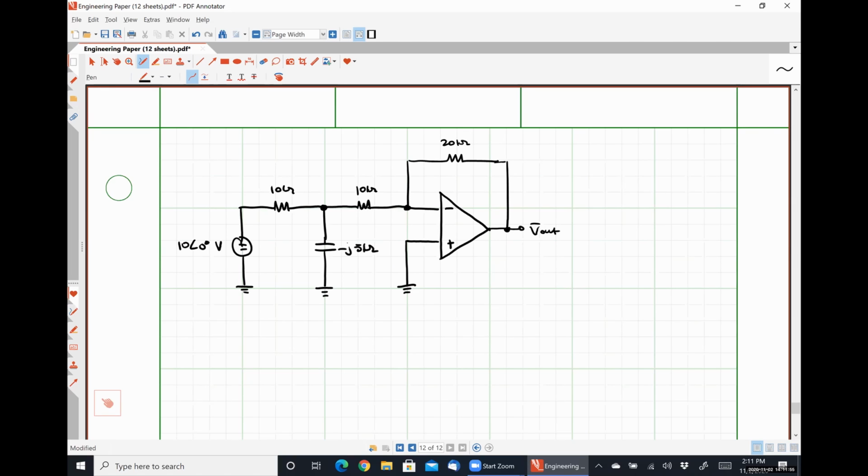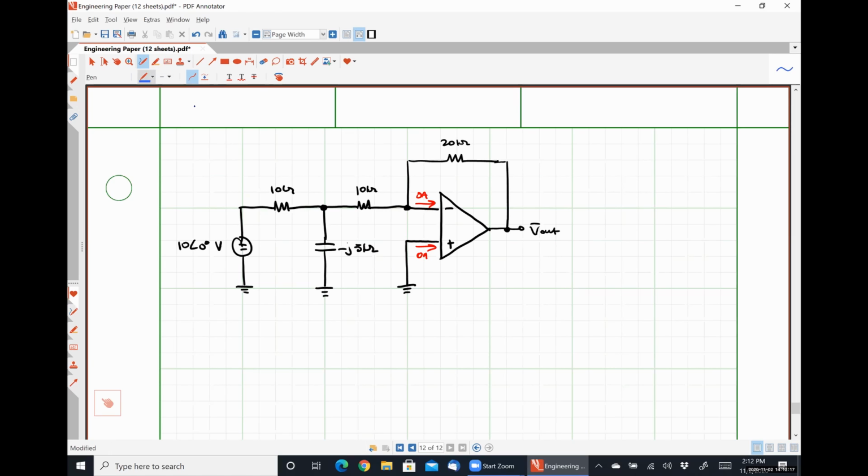So we have this op-amp circuit, all right? Now, how we have approached every op-amp circuit in the past is we apply op-amp rule number 1, which says that no current can flow into or out of the input terminals.